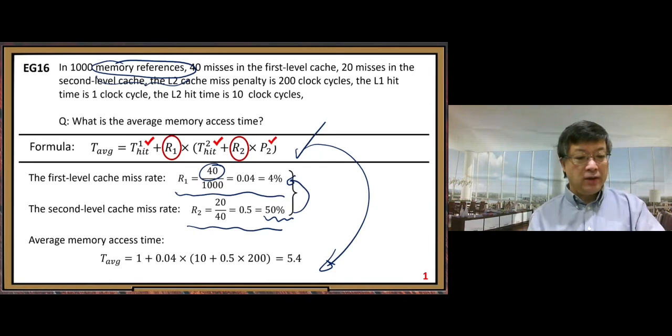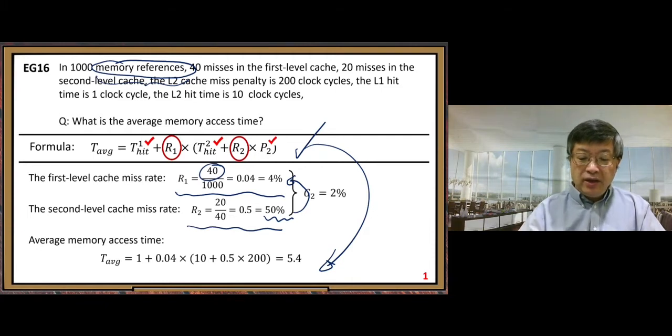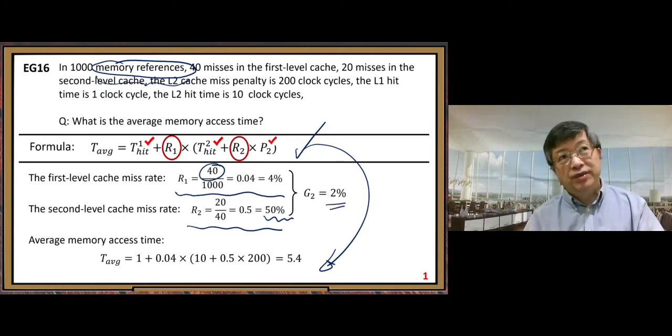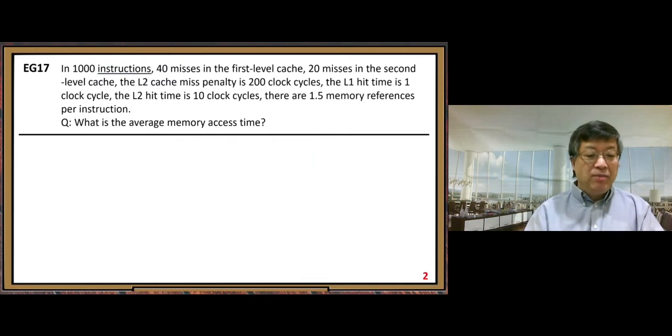So let's look at the question. Here, G2 is just the product of these two numbers, 2%. So G2 is reduced compared with R1.